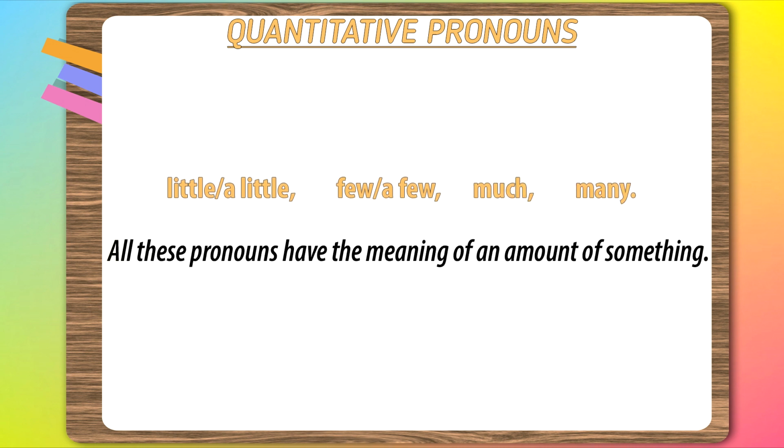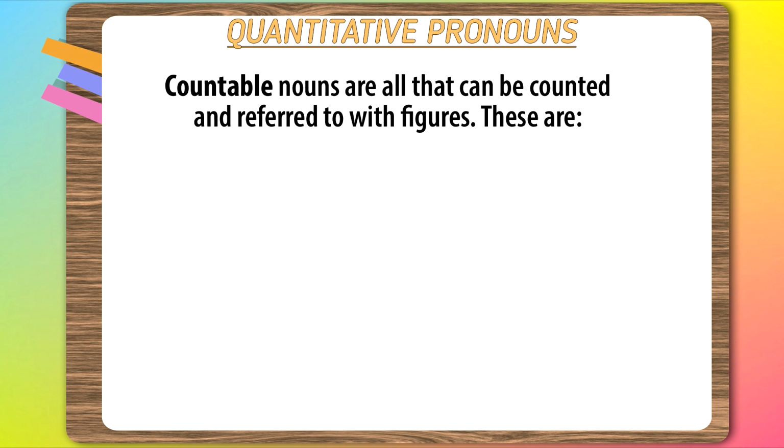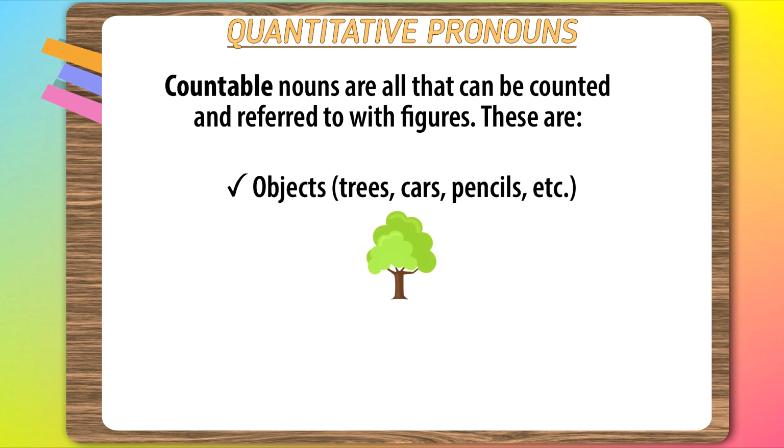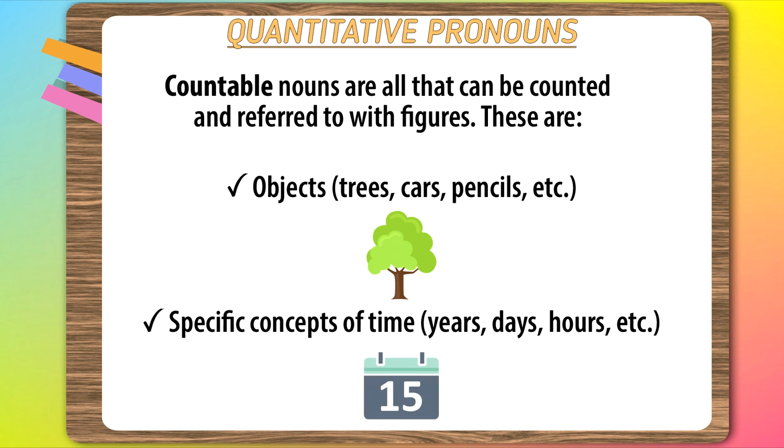All these pronouns have the meaning of an amount of something, but some of them are used only with countable nouns and others are not. So now it's time to remind you which nouns are countable and which are uncountable. Countable nouns are all that can be counted and referred to with figures. These are objects such as trees, cars, pencils, etc., or specific concepts of time, years, days, hours.